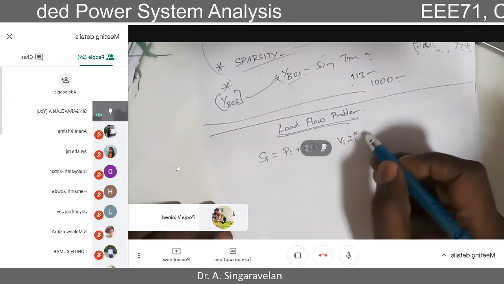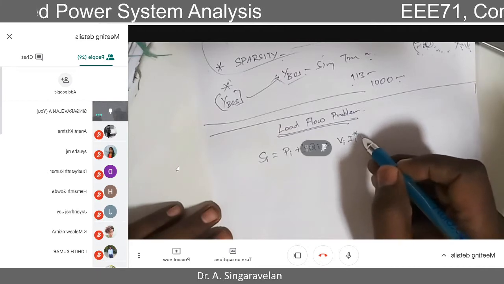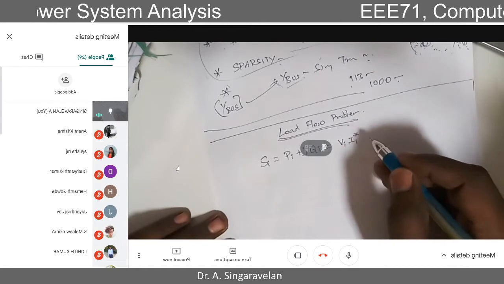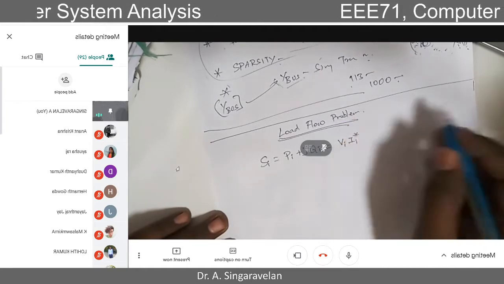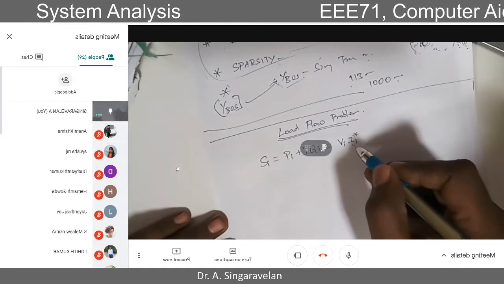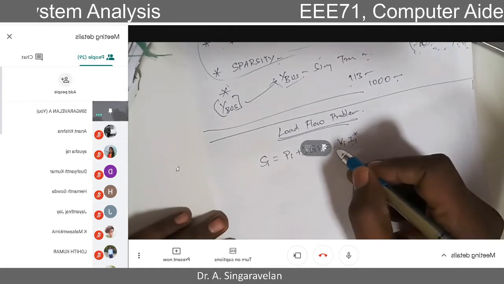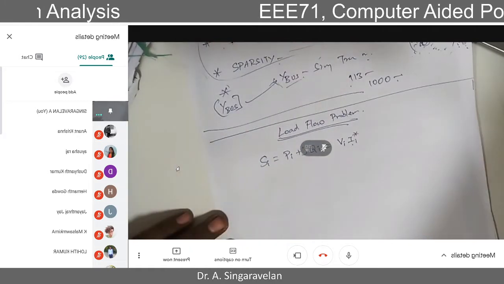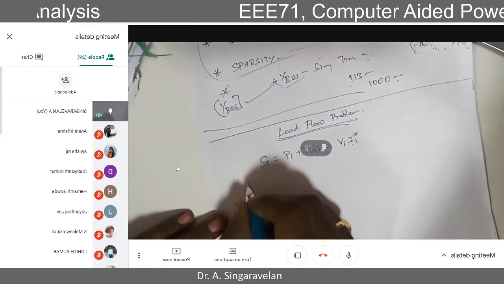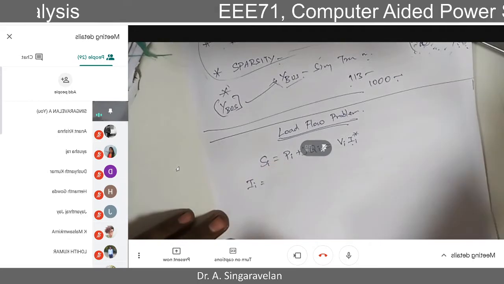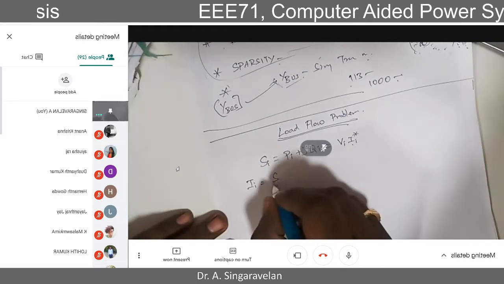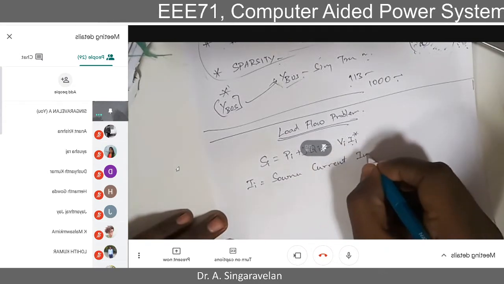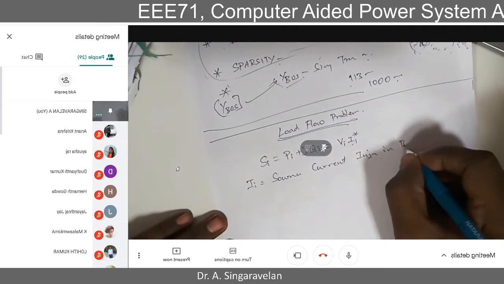I already mentioned in the first class why I always take I as the complex quantity. It is just mathematical convenience for power systems; there is no technical meaning in why I take the current as complex, not the Y or the V. Okay, so here what is Ii? Ii is nothing but the source current injected in the bus.